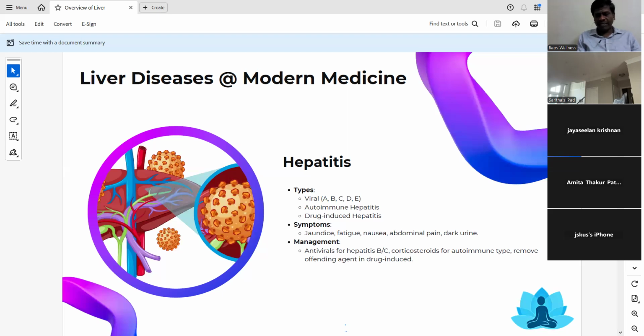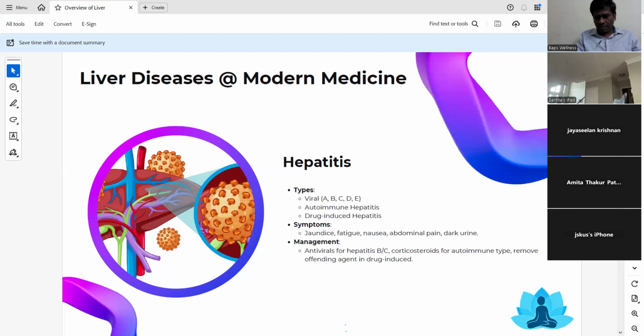With regard to the management, depending upon the cause of the hepatitis, it is to be treated. If it is because of a virus, then definitely through antiviral drugs. In case of autoimmune, what modern medicine gives is steroids. Not only for liver-related hepatitis, but generally for any autoimmune condition in an advanced case, they choose to go with corticosteroids.